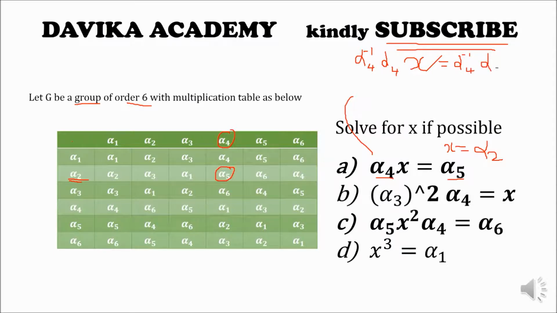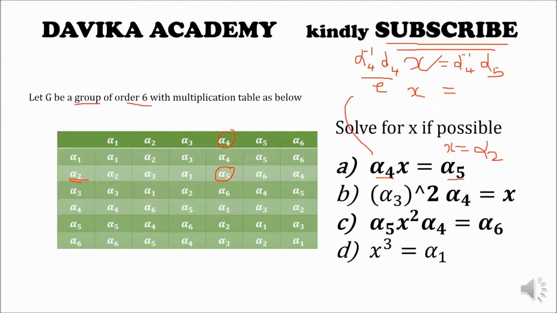Okay, so if you look at this, the inverse by the inverse, you expect to get the identity. Remember, the identity for this case is actually alpha 1.